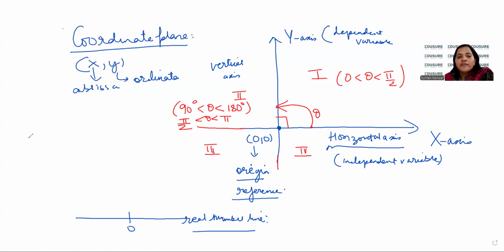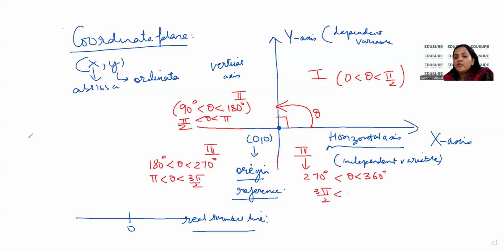In the third quadrant, we will have 180 degrees less than theta less than 270 degrees, which is pi less than theta less than 3 pi by 2. And in the fourth quadrant, we will have 270 degrees less than theta less than 360 degrees, which is 3 pi by 2 less than theta less than 2 pi.